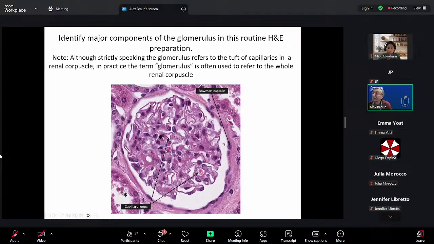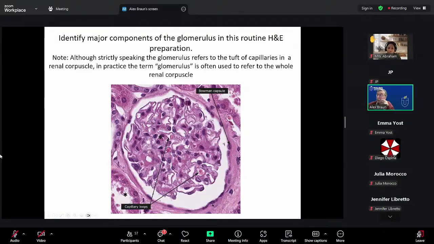That loop or line is actually the glomerular basement membrane. So you can make out glomerular basement membranes by looking at a cross section of a glomerulus. There are easier ways to see it. If you do special stains, you could see it better, but I can even see it on light microscopy.